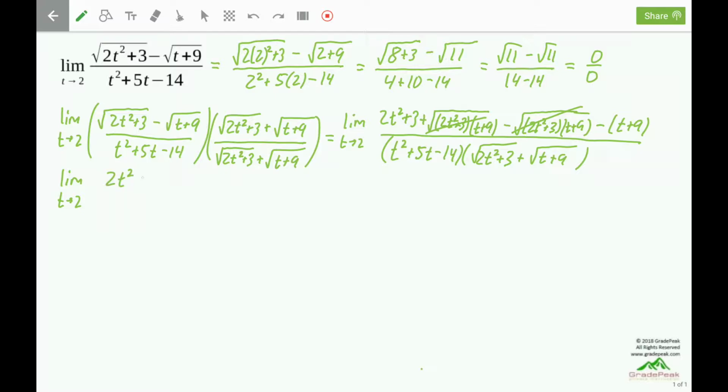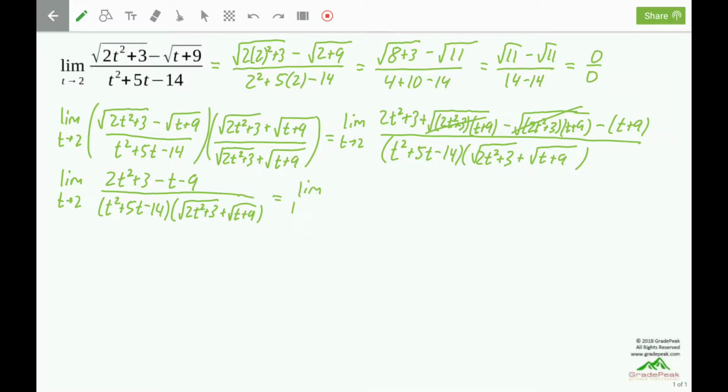So we have 2t squared plus 3 minus t minus 9 over the denominator, t squared plus 5t minus 14 times the root of 2t squared plus 3 plus the root of t plus 9.